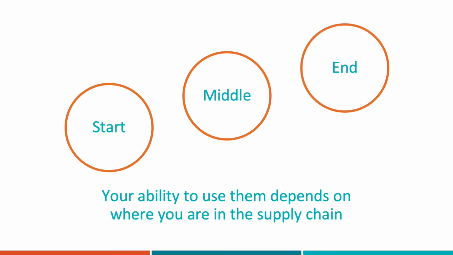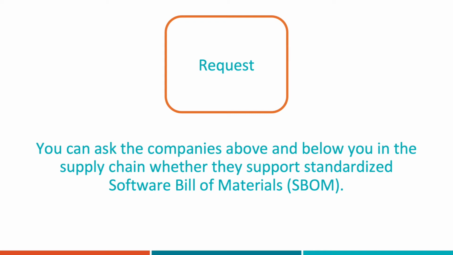For example, if you're at the very beginning of the supply chain, it may be difficult for you to require that the companies at the end of the supply chain utilize a software bill of materials. And your strategy may be different. You would use requests and education instead. Let's dig into those. So requesting is probably the simple one.